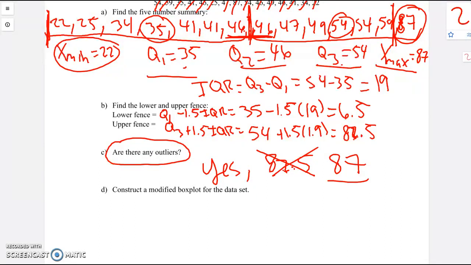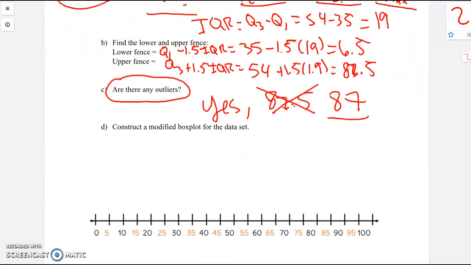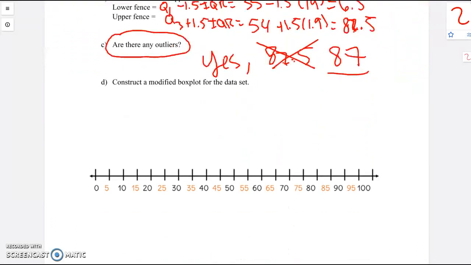Now, the last thing that I want to do is make up my modified box plot. This is how I'm going to do it. I'm first going to look for Q1. Q1 was equal to 35, so hopefully all of you are writing this down. Q1 is right here.